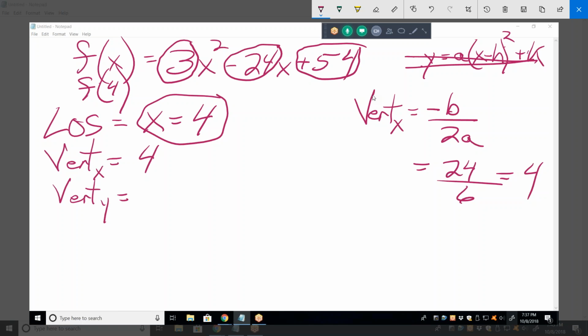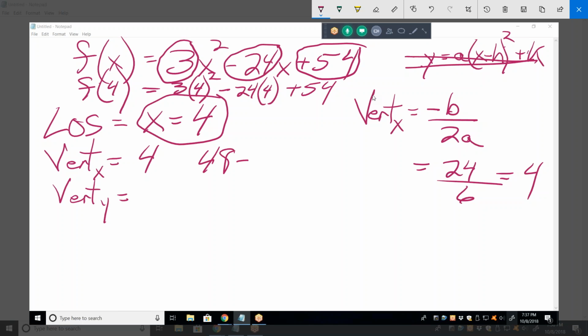And when you put something in the parentheses other than x, no matter what it is, you plug it in for x. So 3 times 4 squared. And again, I highly recommend doing it this way. Don't do any of this initial math in your head. Now you can simplify. 4 squared is 16. 3 times 16 is 48.